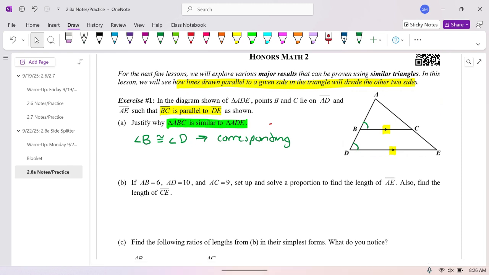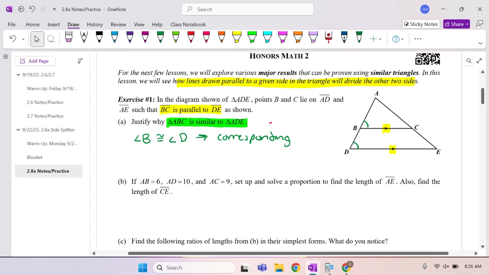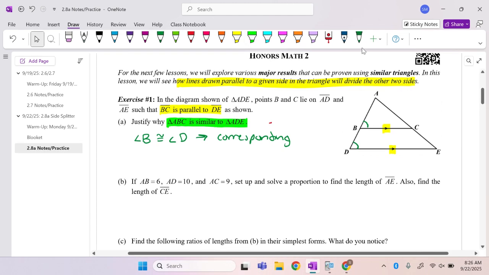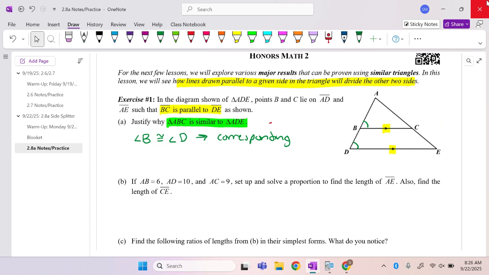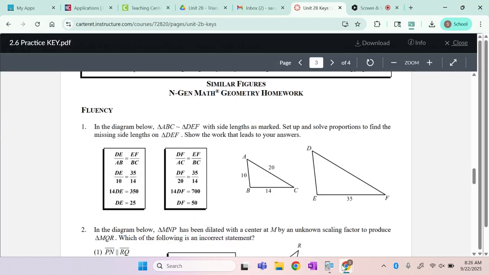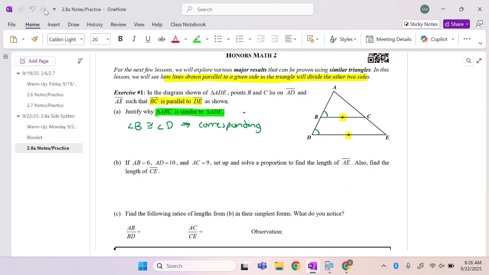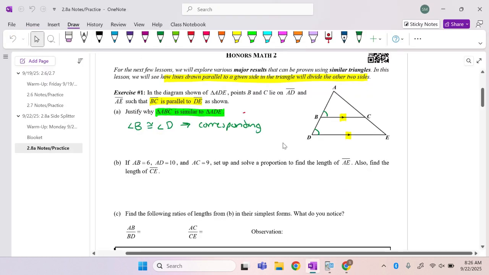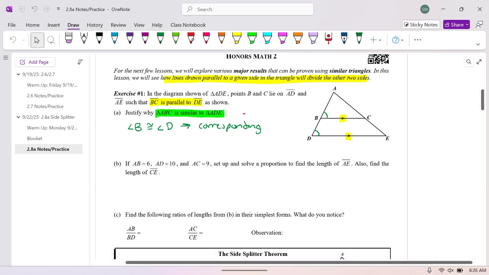Okay. All right. Guys, give me a second. I need to restart my computer because it just completely froze. There it goes. Let's see if it works now.